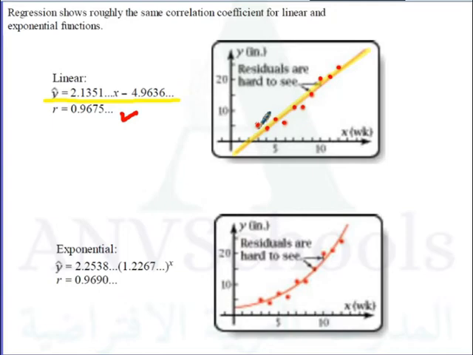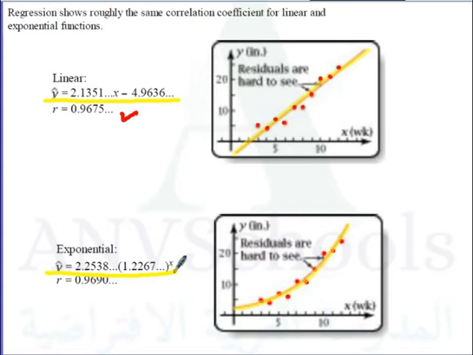Whereas the exponential model is also pretty impressive because it catches all of the points, as you can see here. Let me make the points clearer. Let me run this exponential function regression. If I run the exponential regression, I would get this equation.